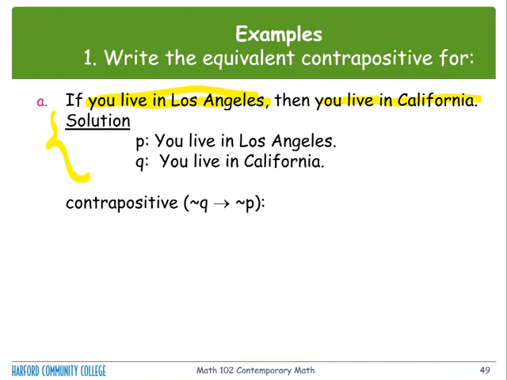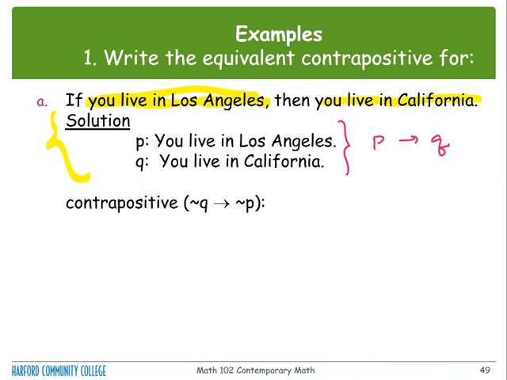From this one, you can write it in the symbolic form as if P then Q. The contrapositive is not Q then not P, or opposite and negation and also swap the position.